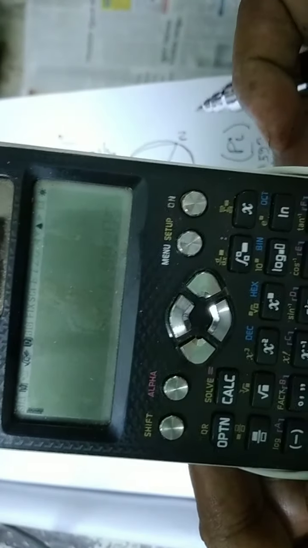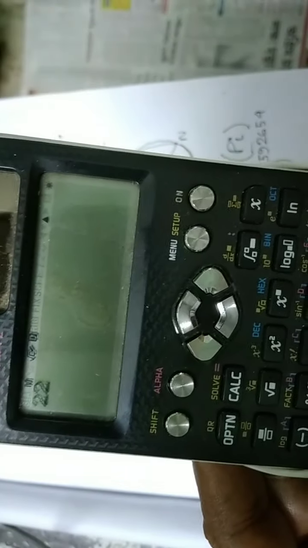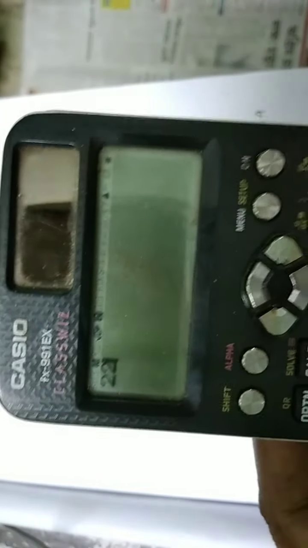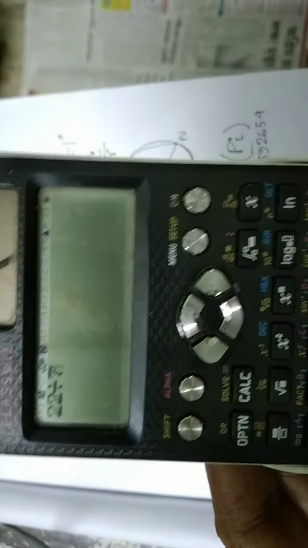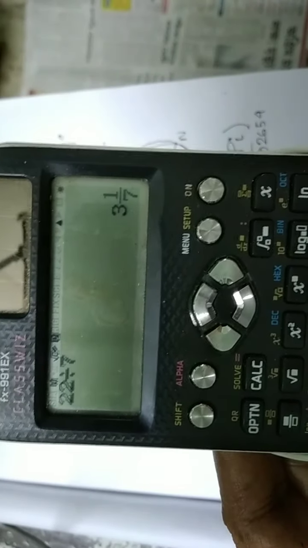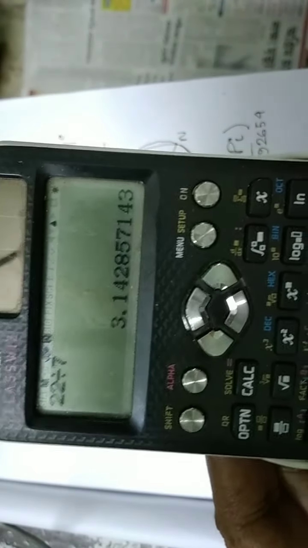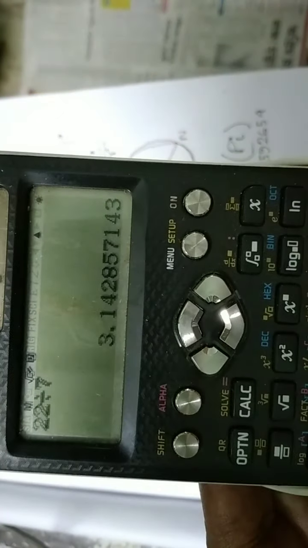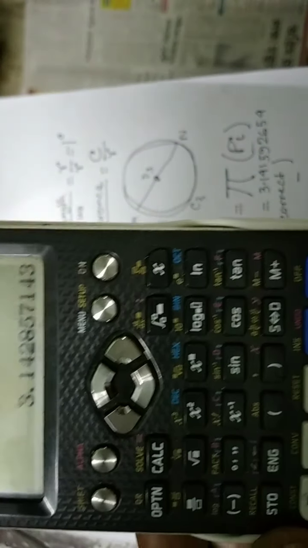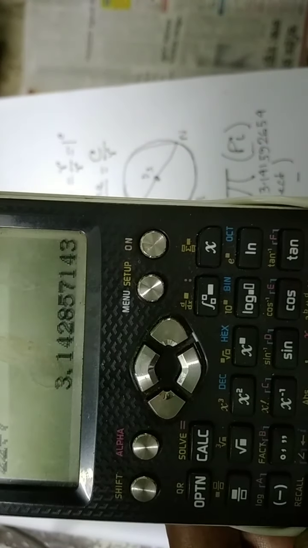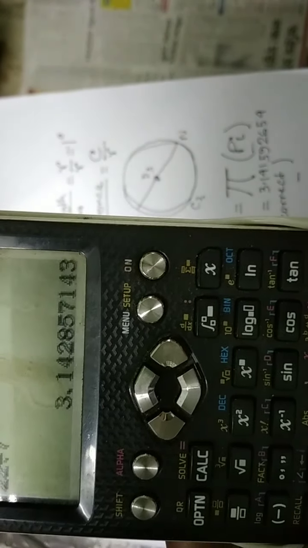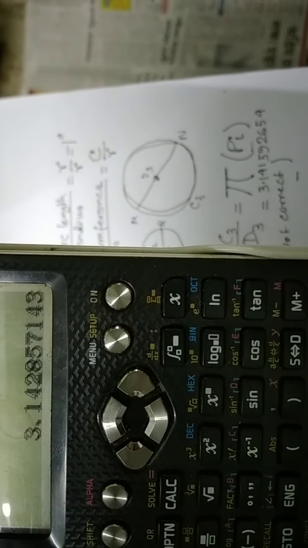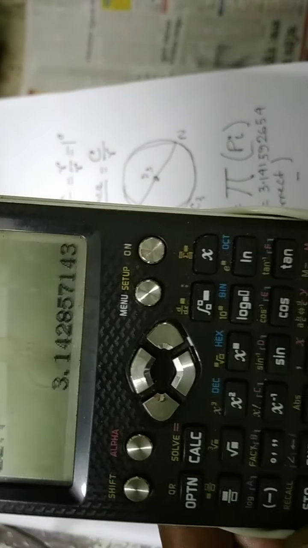Now what happens if we find 22 by 7? 22 divided by 7. This is the most popular value of pi, which is 3.142857143.